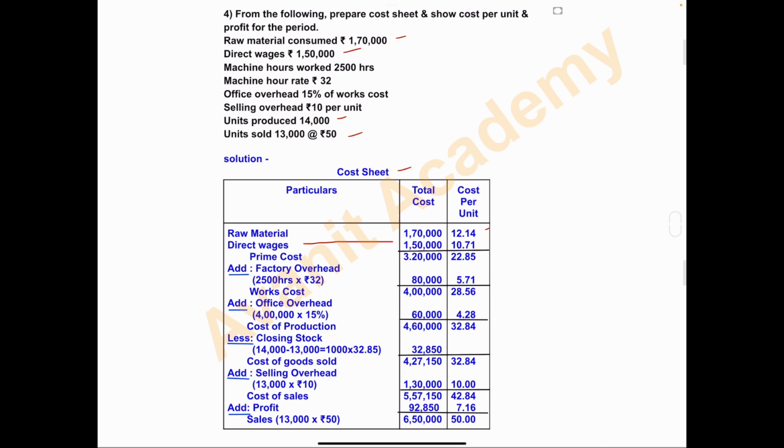To get the cost per unit, 1,50,000 divided by 14,000, you will get 10.71. Add these two amounts. 1,70,000 plus 1,50,000, you will get 3,20,000. Cost per unit 12.14 plus 10.71, total is 22.85.